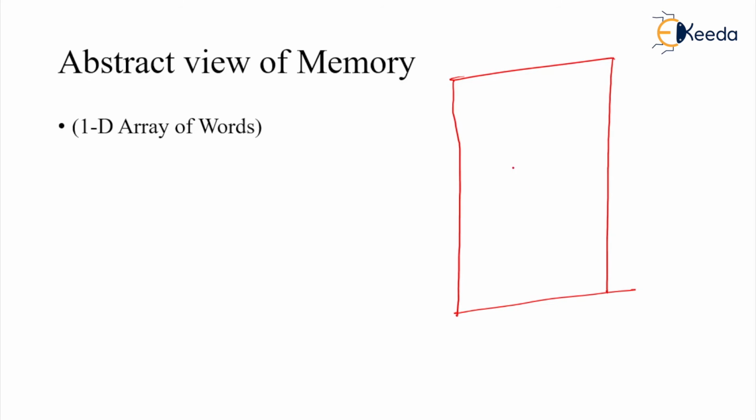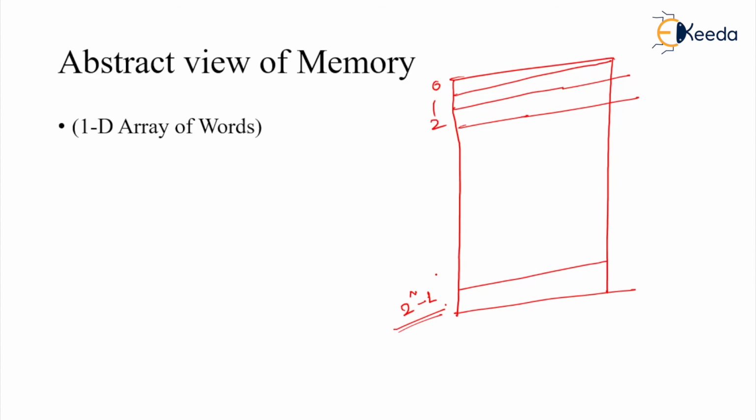Now we generally view the memory abstractly as a single unit. That means we believe that memory looks like this. Always we say that this is location number 0, this is location number 1, this is location number 2, and we grow up to location number 2 to the power n minus 1.